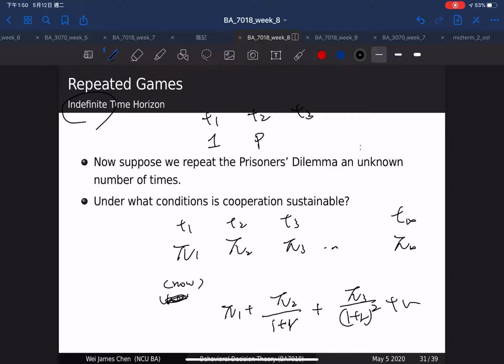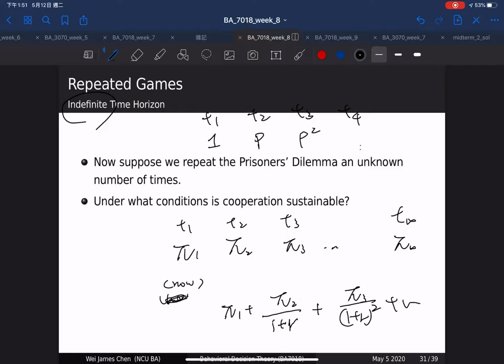And what's the probability that I will play the game in t3, assuming the probabilities are independent? It's p to the power of 2, right? Because you have to first play round 2 and then go to round 3.